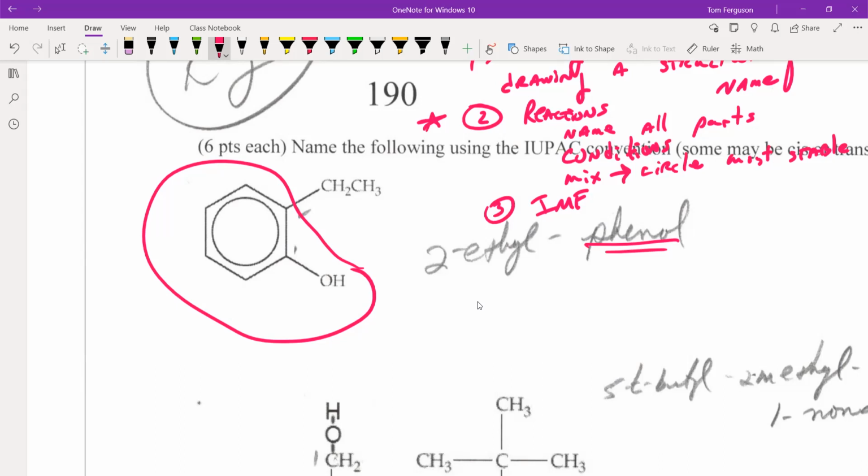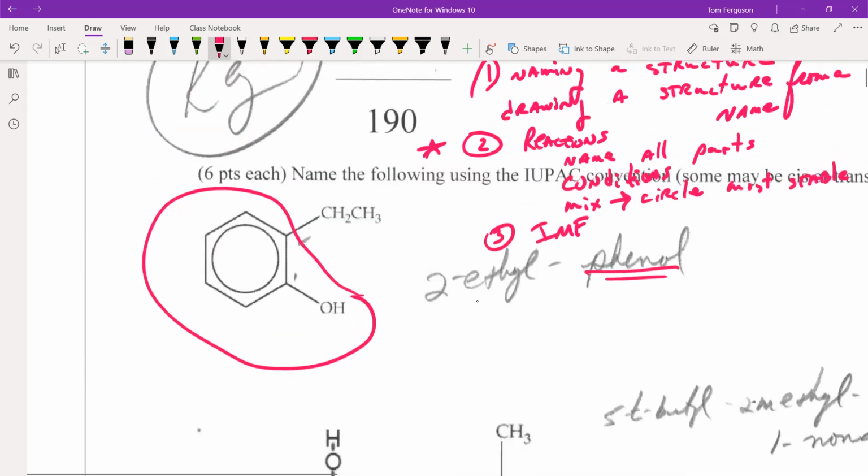Counterclockwise gives us the lowest number, so it's 2-ethyl phenol. Now, these were 6 points apiece. Say you said it was 2-methyl phenol. I would probably take off 1 point, assuming you got the carbon number right and you have the basis down.